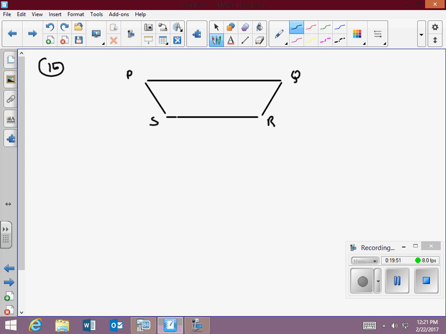And then they give us this height. That's supposed to be a right angle. And then they're giving this 8 inches, and they're giving this 6 inches.